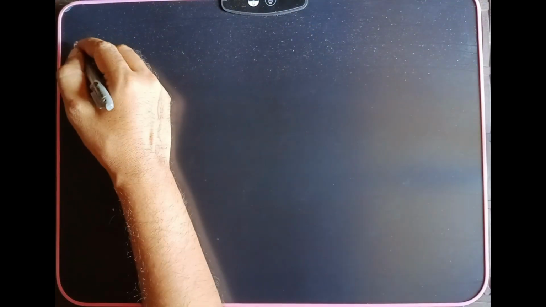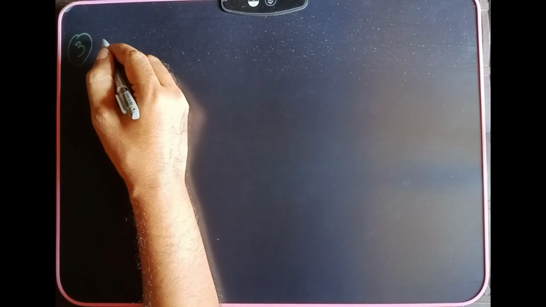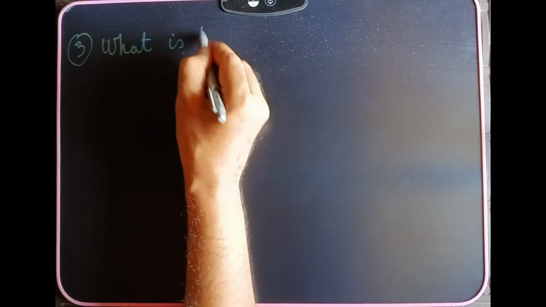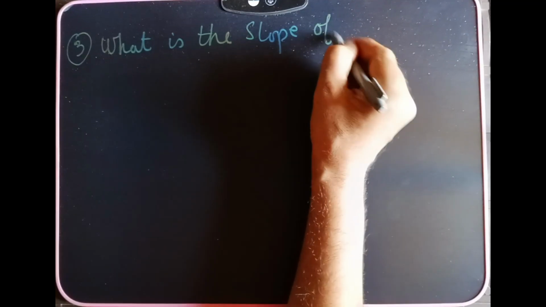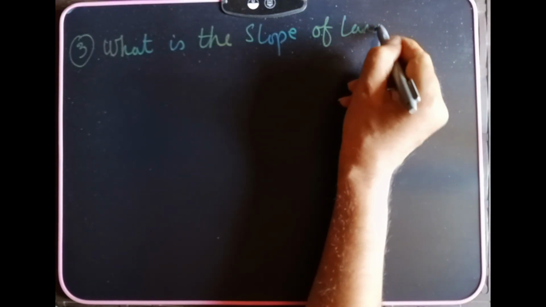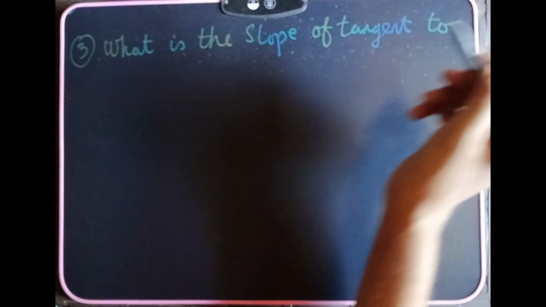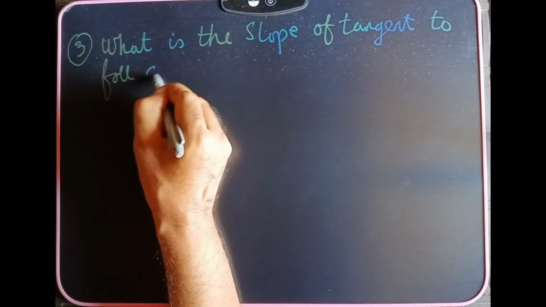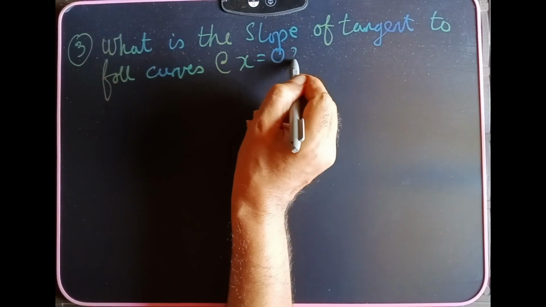We'll take another problem. Third problem. What is the slope of tangent to the following curves at x is equal to 0?